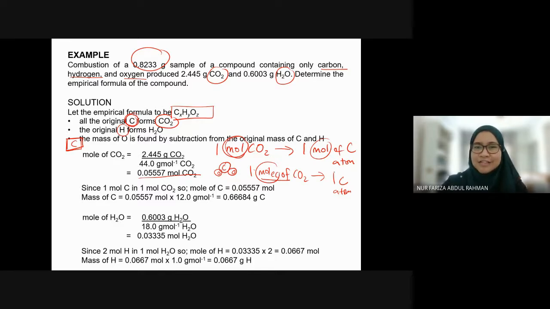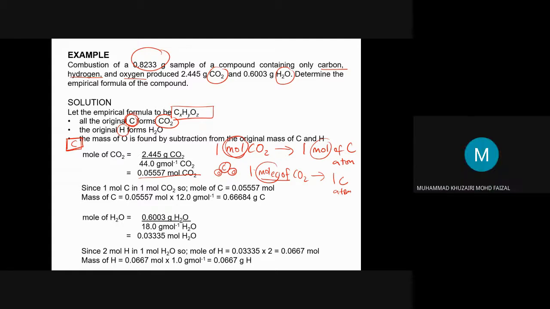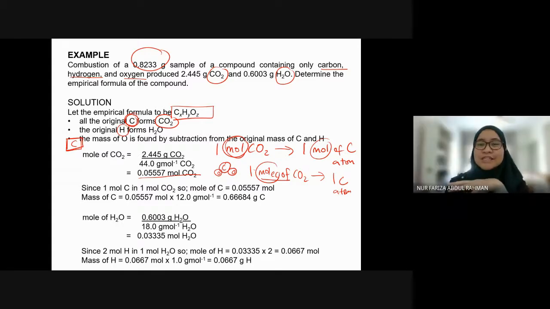Is it logical? Logik ke? Dalam 1 mole carbon dioxide molecule tu, there is only 1 carbon atom. Tak logik langsung. Mesti dia kena tally. There should be mole and here should be mole. If you are talking about molecule, then you may refer to it as atom. So that is the relationship for carbon that we have so far.